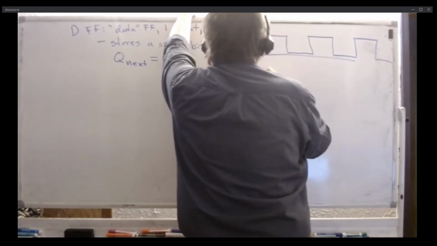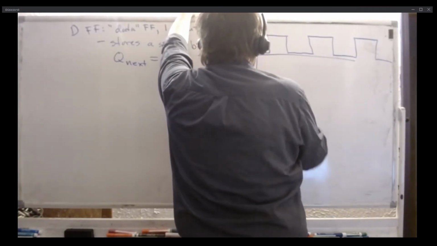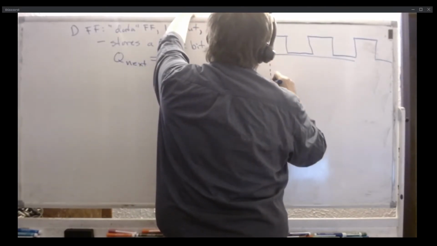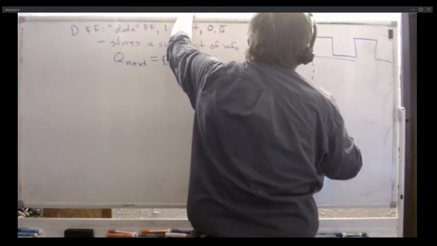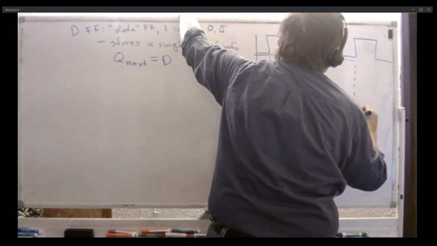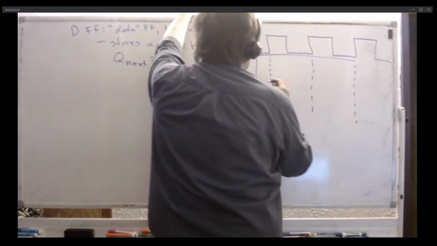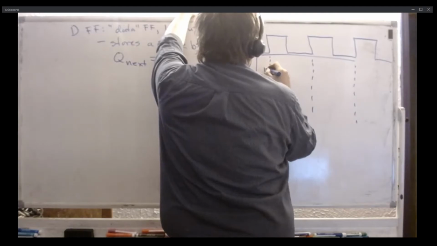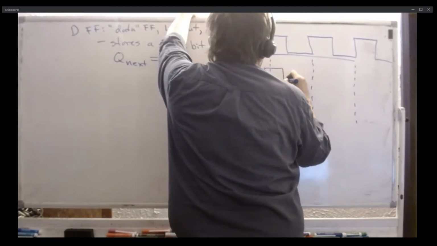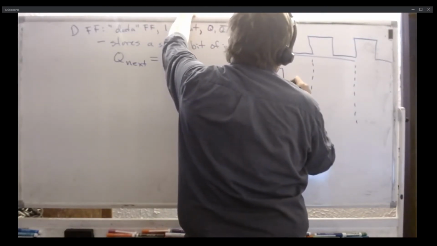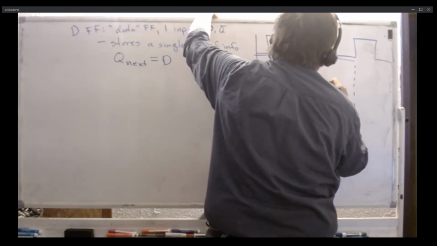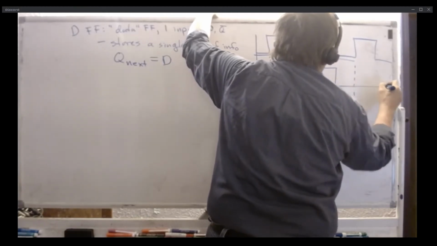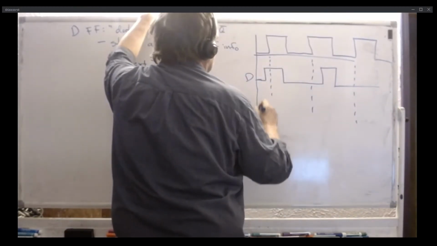And here's D. So if it's a rising edge triggered device, which most of the time you see rising edge versus falling edge, you see more rising edge than falling edge. So if D goes high here, and then low, and then high. If we have something like this, what does Q look like?